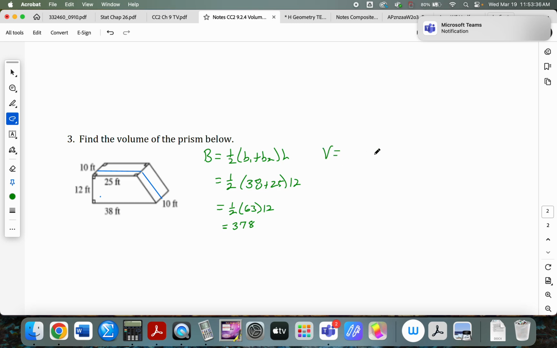And the volume is the area of the base times the height. The area of the base is 378. The height is how many layers are we going to have? We're going to have 10 layers. So it's 3,780 cubic feet.